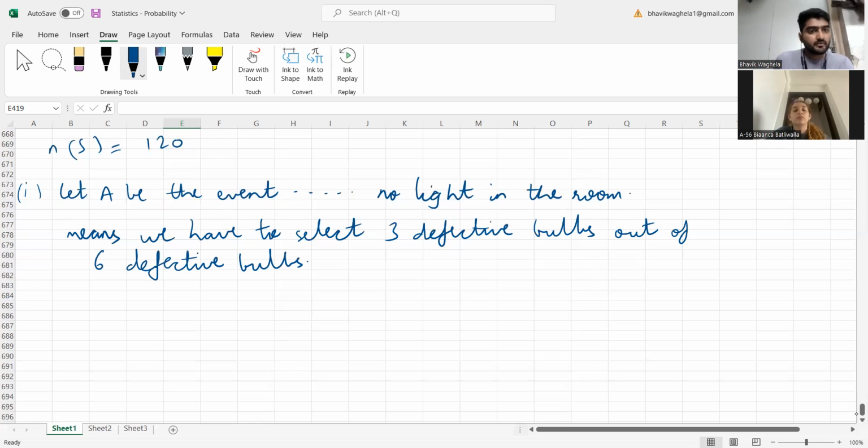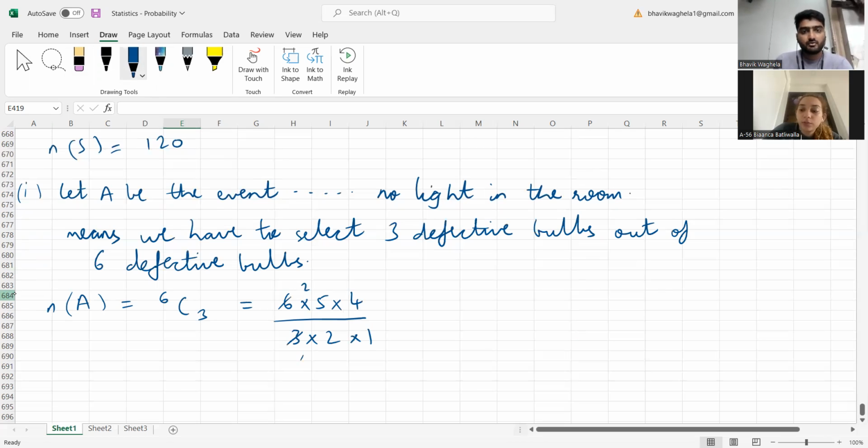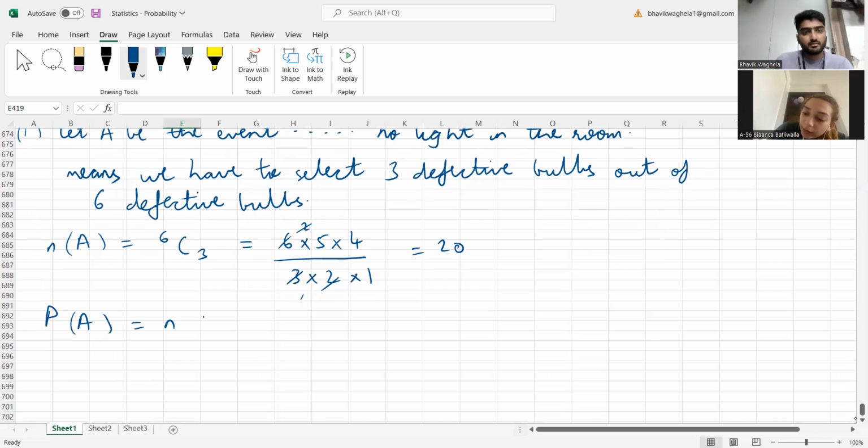So N of A will be, what is N of A? 6C3, which is 6 into 5 into 4 upon 3 into 2 into 1. 3 ones are 3, 3 twos are 6, this 2 gets cancelled. Answer is 20. So what is probability of event A? N of A upon N of S, which is 20 upon 120, so 1 by 6.